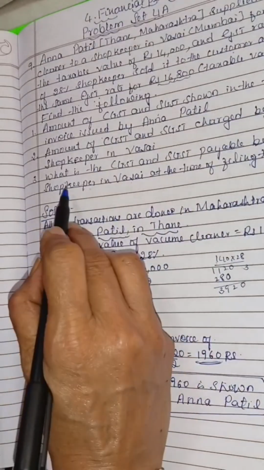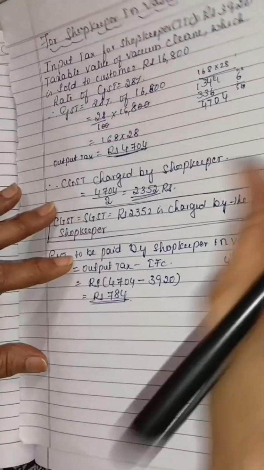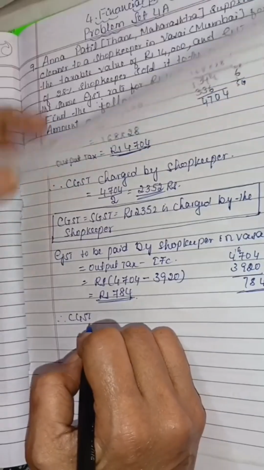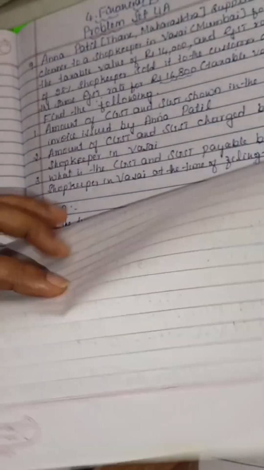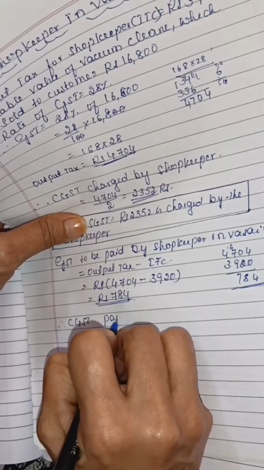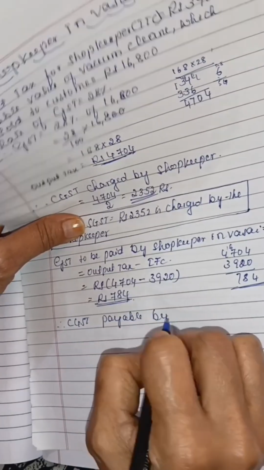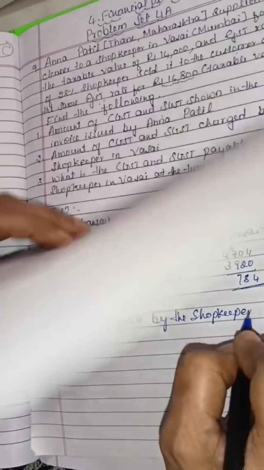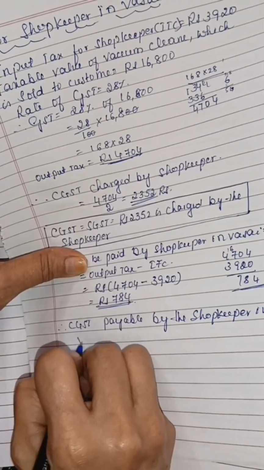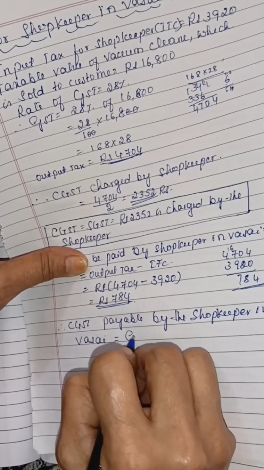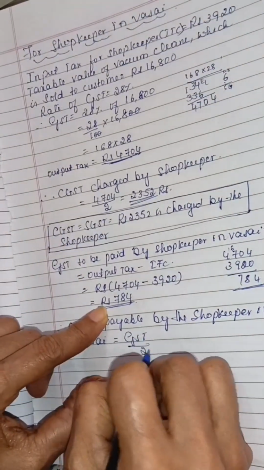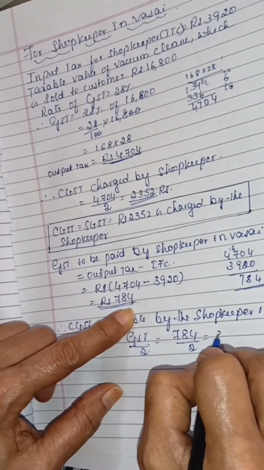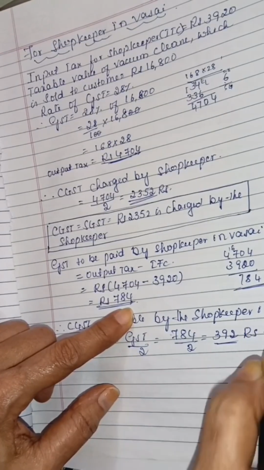Question is, what is the CGST and SGST payable by the shopkeeper? Therefore, CGST payable by the shopkeeper in Vasai. How to find out? GST divided by 2, that is 784 divided by 2. 2 threes are 6, 2 nines are 18, 2 twos are 4, so 392 rupees.